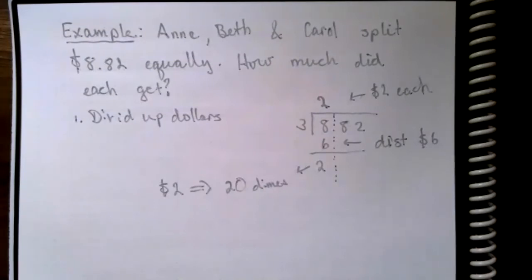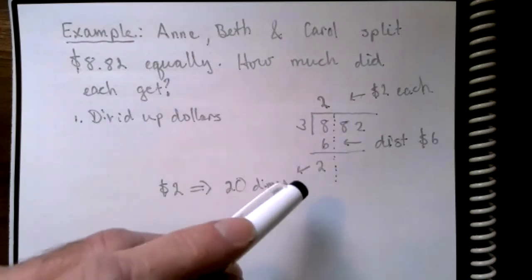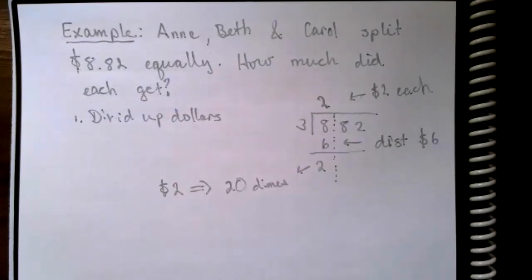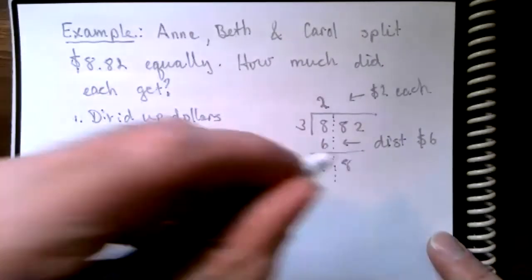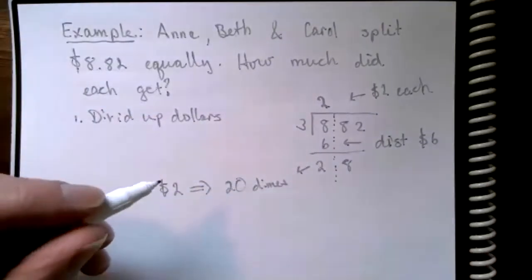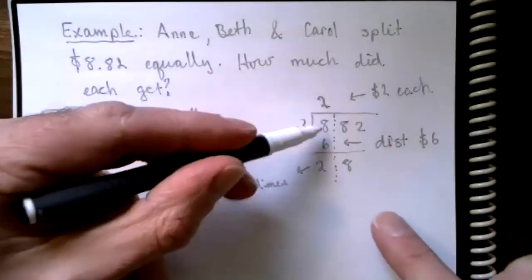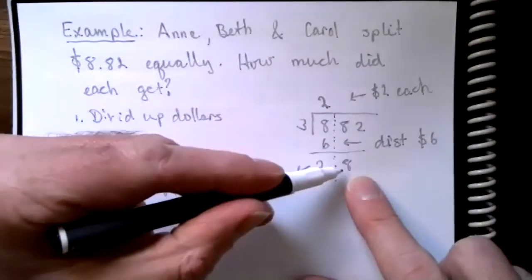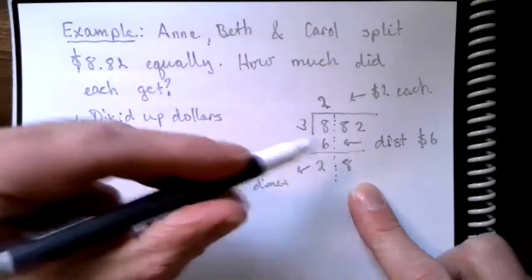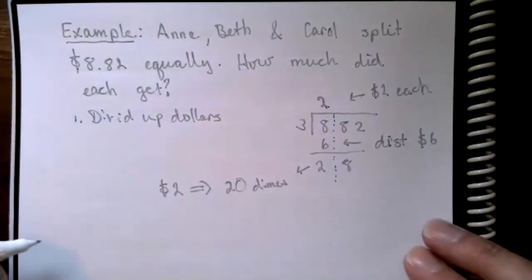If I can make the change, now I can distribute that leftover. In fact, what I should do is include not only the $2, but this 80 cents. So now I've got 28 dimes.